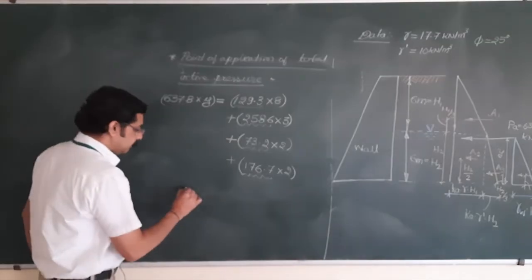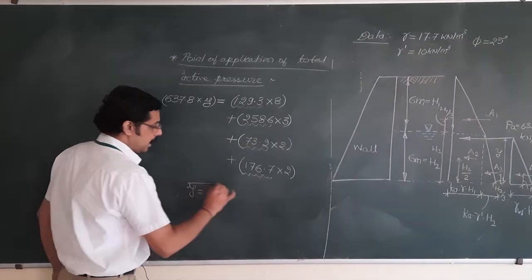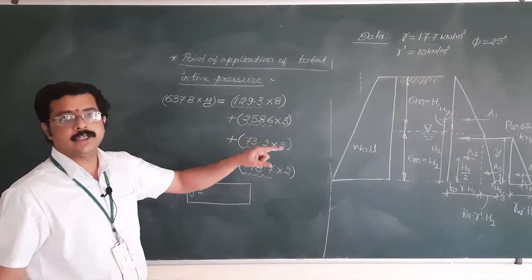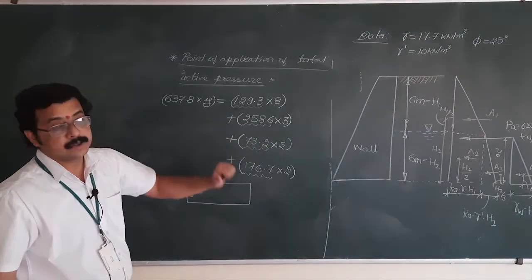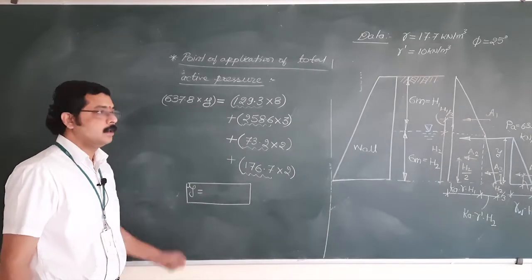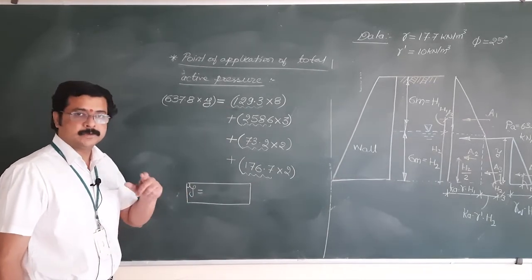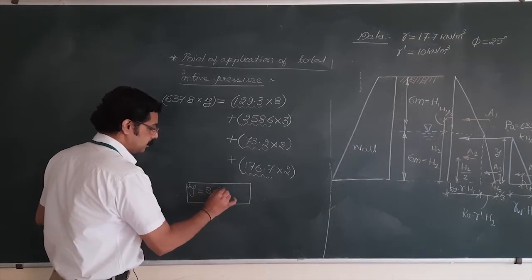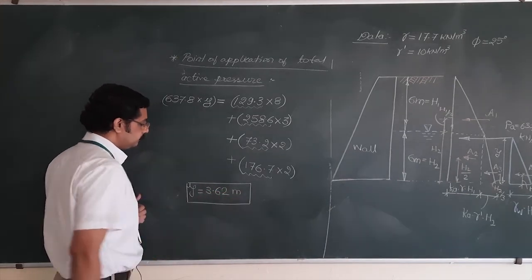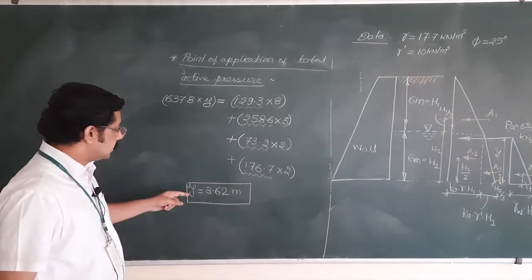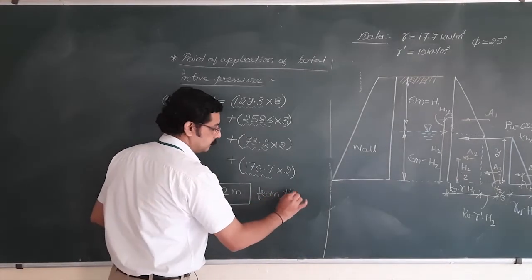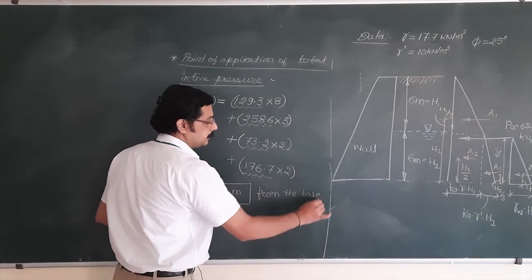Solving this, we will get the value of y. That y will be the height at which PA, the total active pressure, will act. The value comes out to be 3.62 meter from the base.